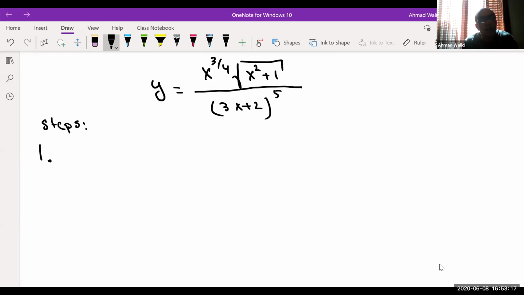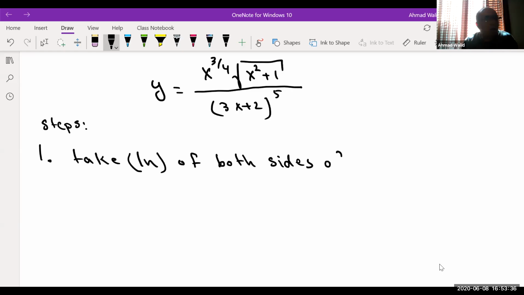Take natural logarithm, ln, of both sides of an equation. Of course, your equation will be in the form of y equals f of x, right?